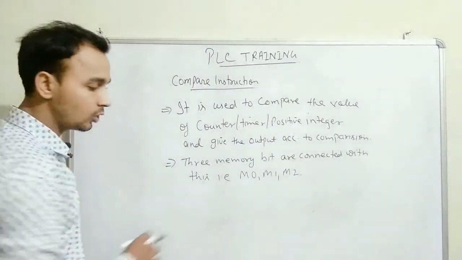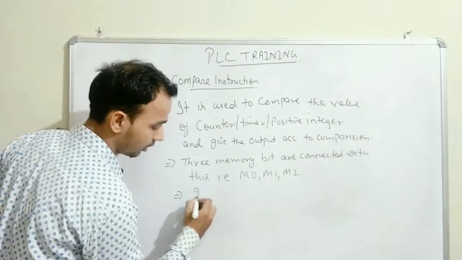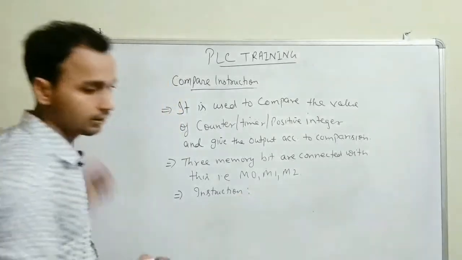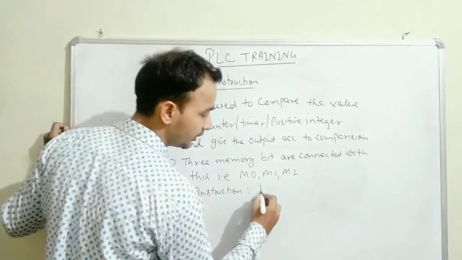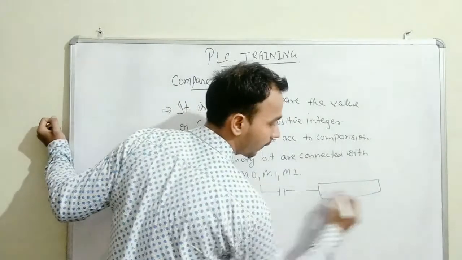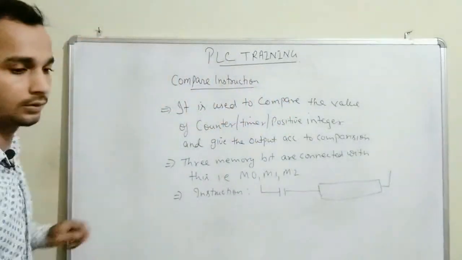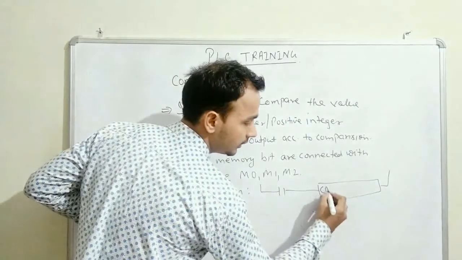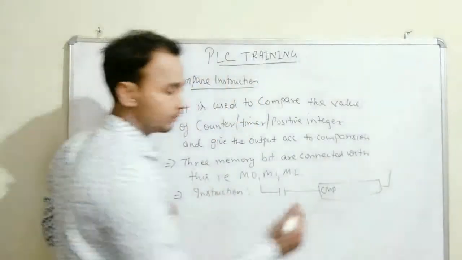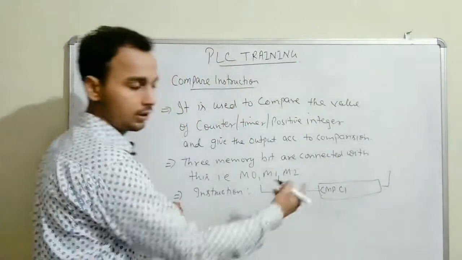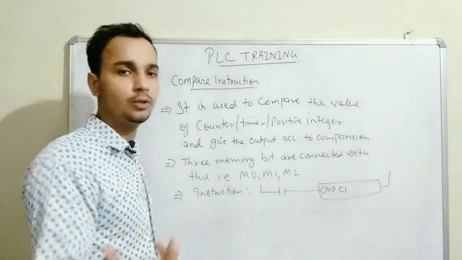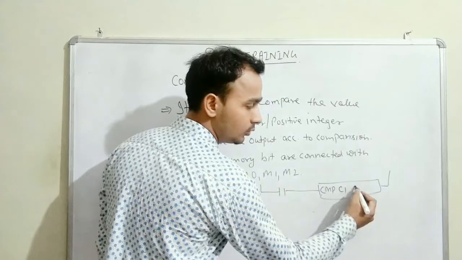And if we talk about the instruction for Mitsubishi PLC, it is just like this: CMP, compare. The value can be the counter C1, a register, or a timer.